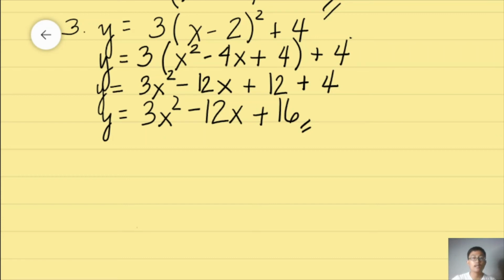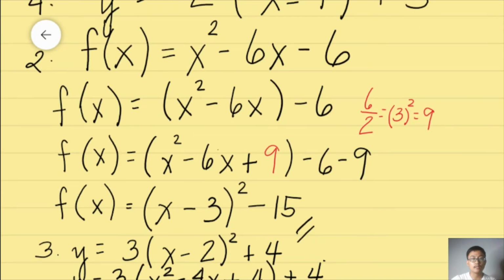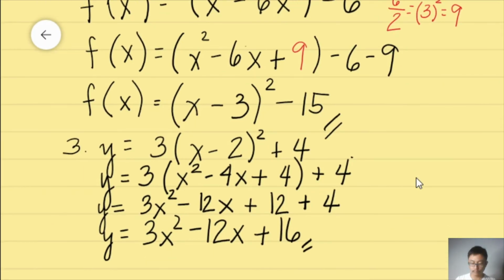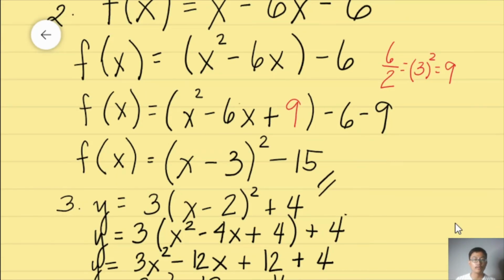So, tayo sa number 4. Number 4 natin. We have y equals negative 2 quantity of x minus 1 squared plus 5.